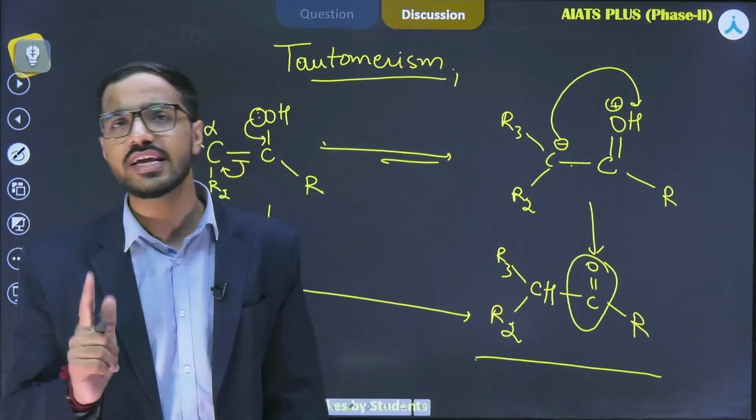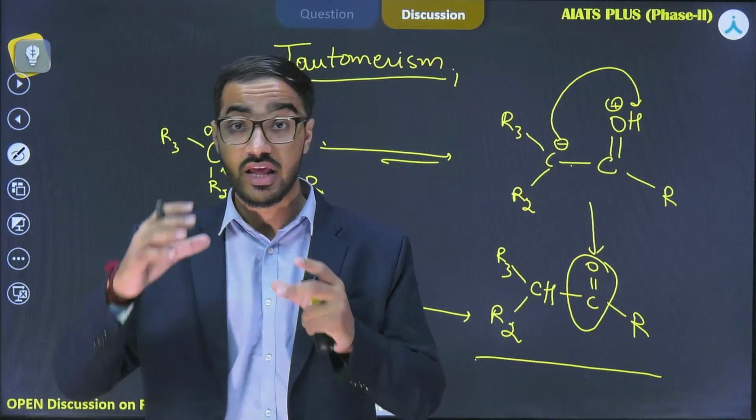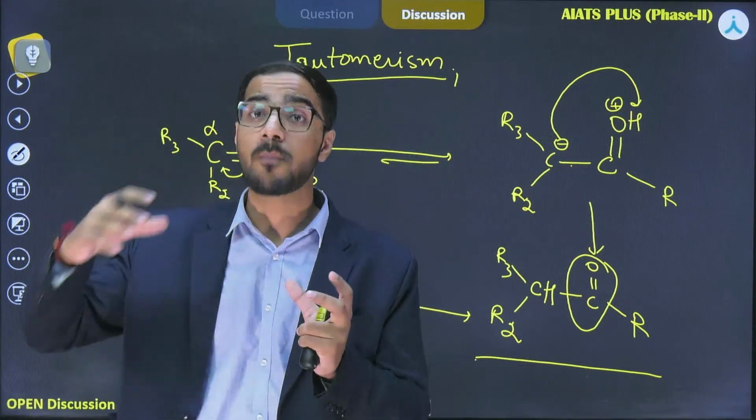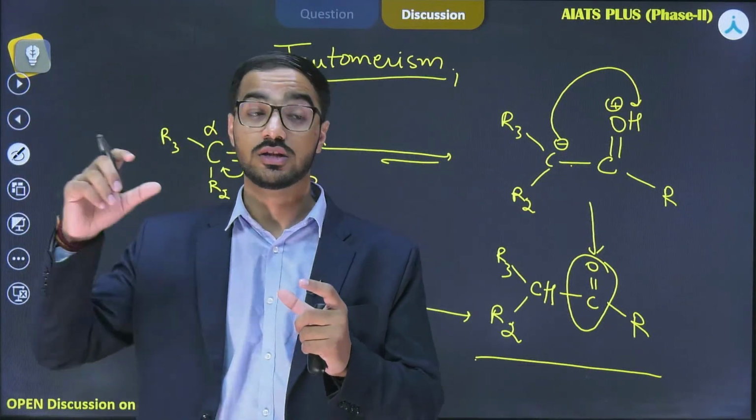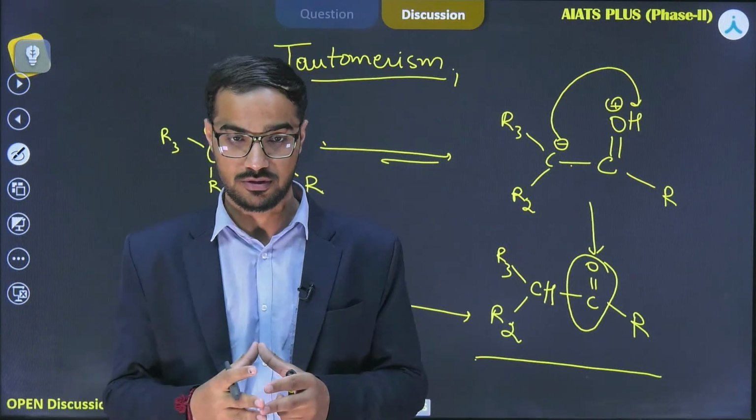But in the case where hydrogen bonding dominates, the enol form will dominate.